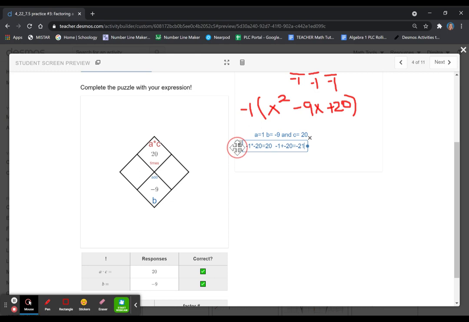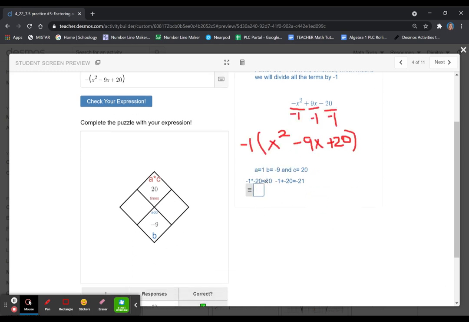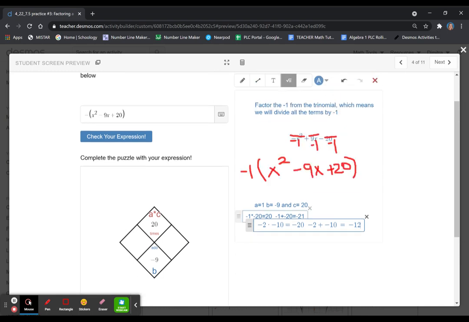Now let's try 2. -2 times -10 equals 20, but -2 plus -10 equals -12. So that doesn't work either.